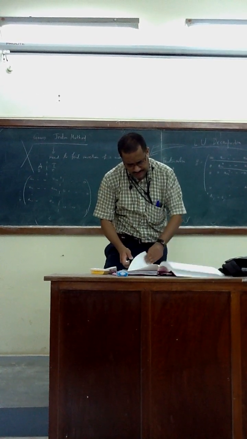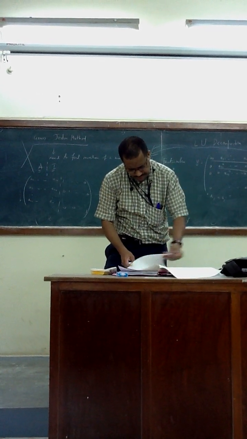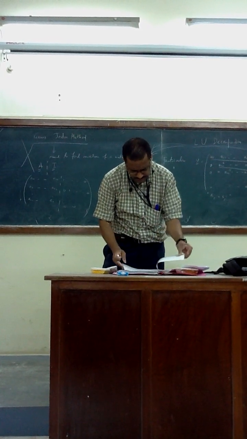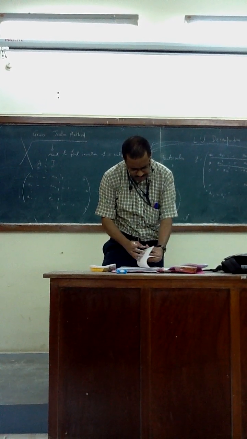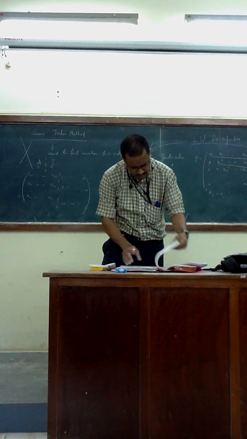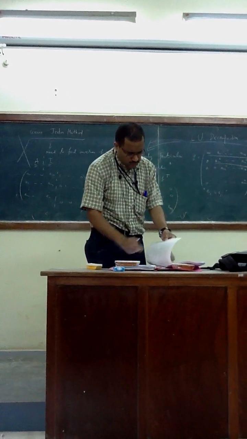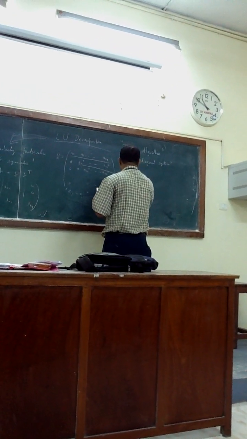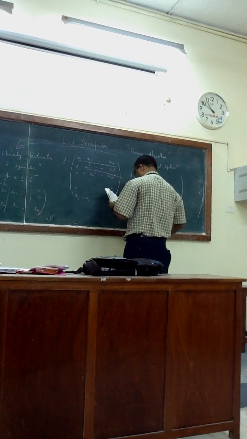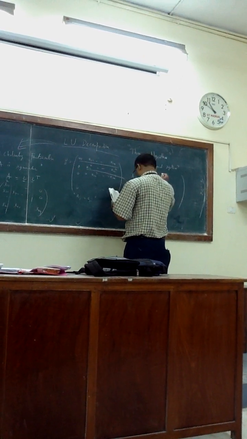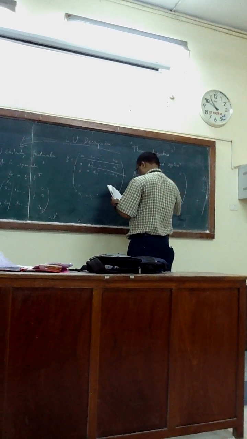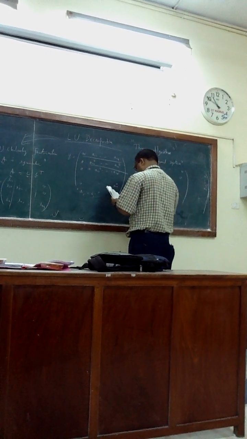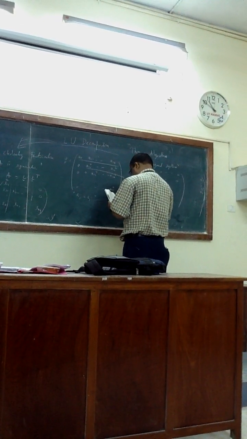So let's look at some tridiagonal system. Matrix A: A1, C1, 0; B2, A2, C2, 0, and then 0, 0.